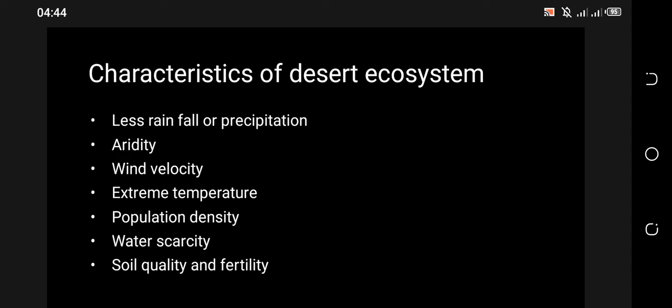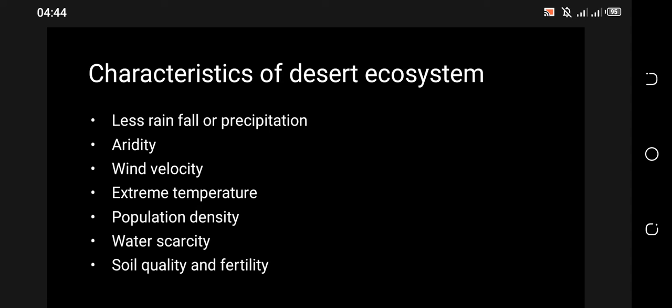desert ecosystem. As the name suggests, the first characteristic is less rainfall or precipitation. Mostly due to the weather conditions of this type of system, it receives less rainfall or precipitation. Wind velocity is high.